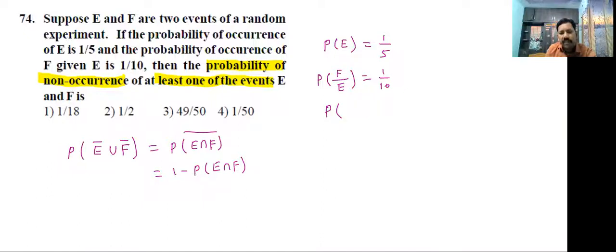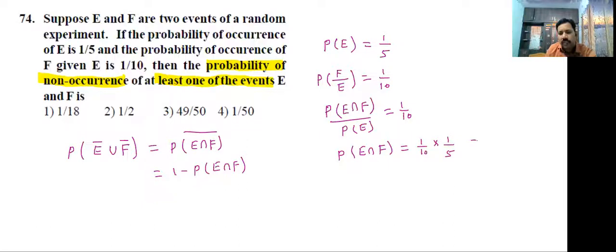P of F by E means P of E intersection F by P of E, which is equal to 1 by 10. Now P of E intersection F is 1 by 10 into P of E. What is the P of E value? 1 by 5.